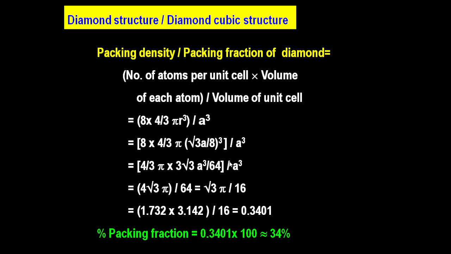Now, 4 by 3, and this is root 3, so 4 root 3 pi, and these 3 and this 3 will cancel out.